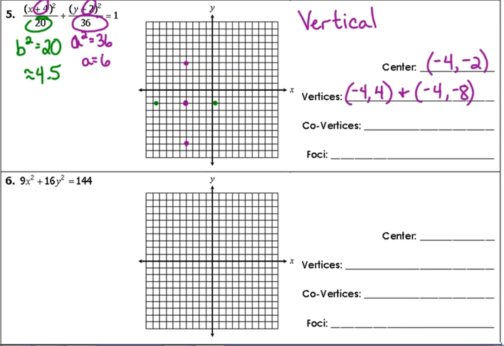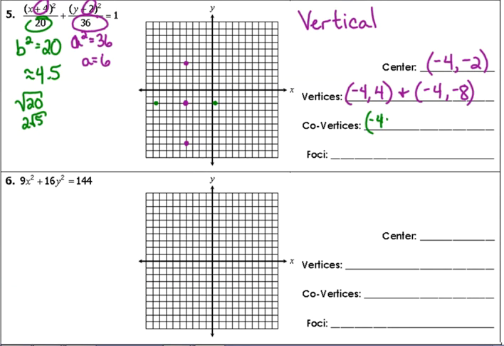Now, when I write their equation, though, I'm going to simplify the square root of 20. If we simplify that, that's 2 square roots of 5, pulling out the square root of 4, which is 2.